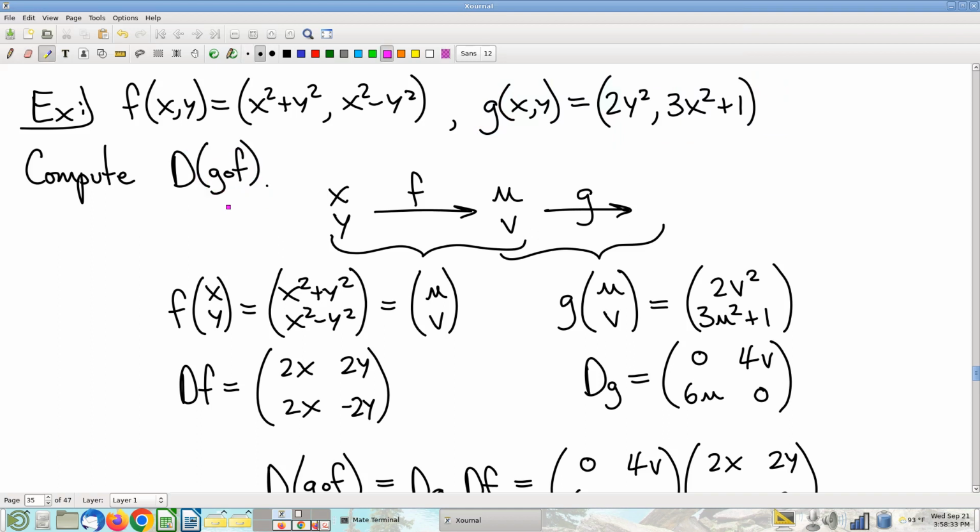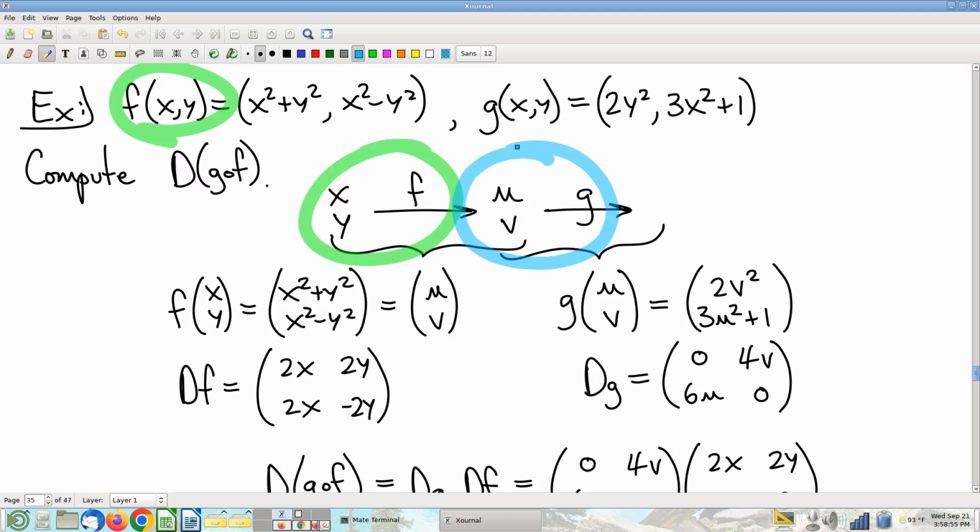Because we already said that I want f to be in terms of x and y. Okay, so what are we going to call these outputs here? Well, the outputs, I better not call them x and y. I can't call the outputs x and y if the inputs were x and y. I better call these outputs something else, maybe u and v, and whatever those outputs are have to be the inputs to g.